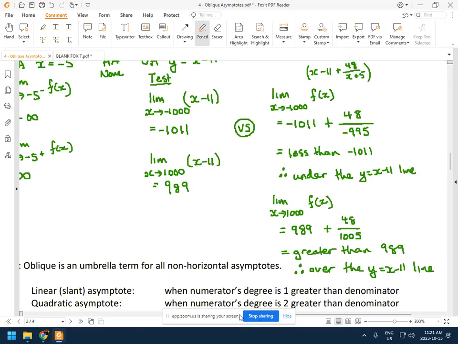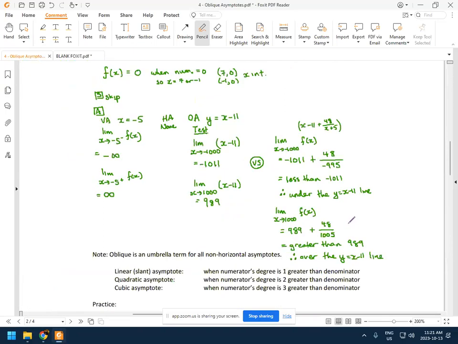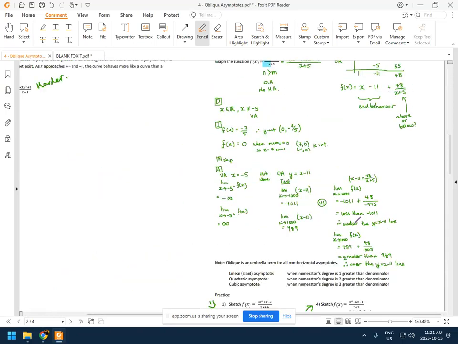For the sake of your brain activity, I'm going to skip intervals, but you can definitely do that too to confirm your graph. Let's draw it. I don't have any space.